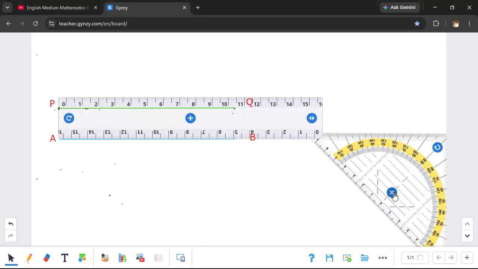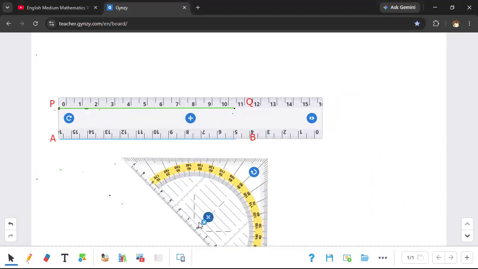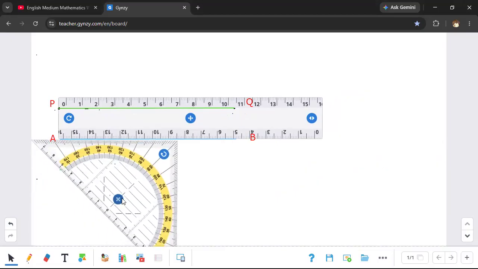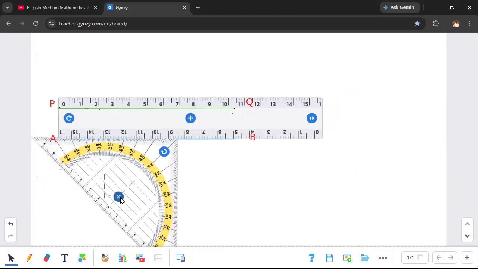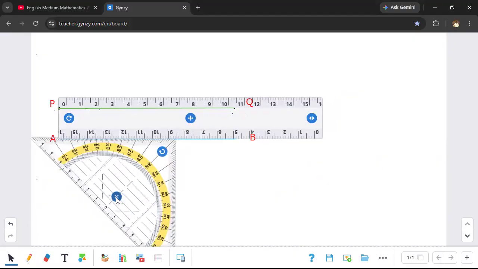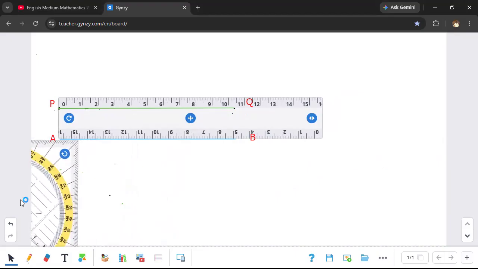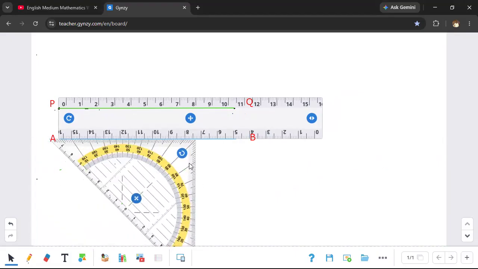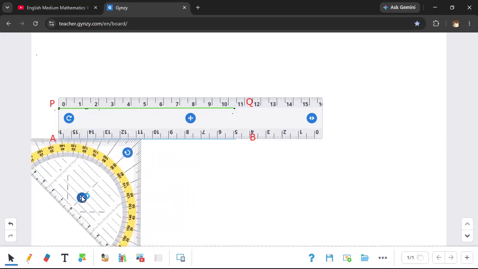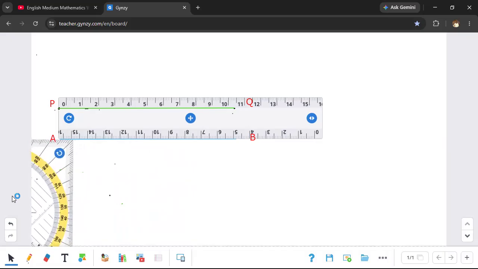Then take your set ruler and place it exactly here, and slide it along the ruler. Or you can do it with the other hand as well, and slide it down there.